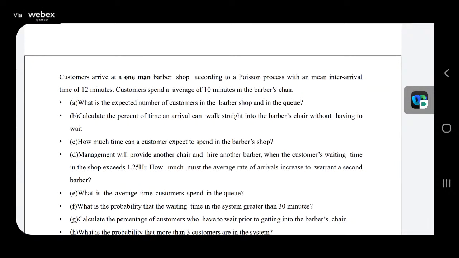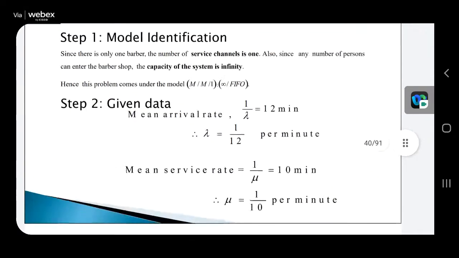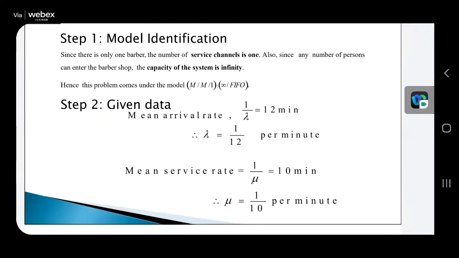In that, on one page, there is a title called key points. That key points is very important now, because here they have given the mean inter-arrival time. So the mean inter-arrival time is exponentially distributed and is given as 1 by lambda. So you have to take 1 by lambda as 12, not lambda. So 1 by lambda is 12.